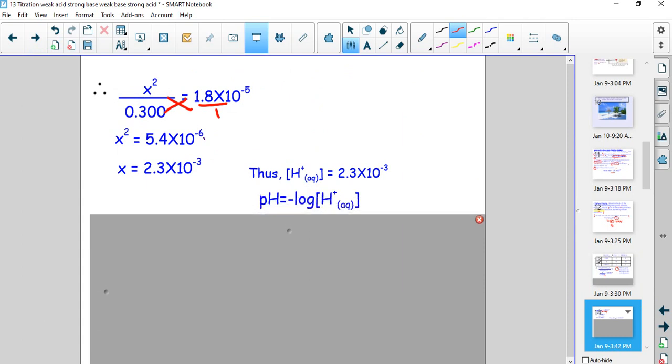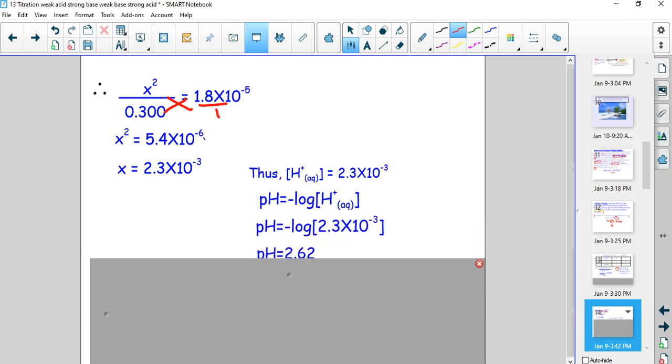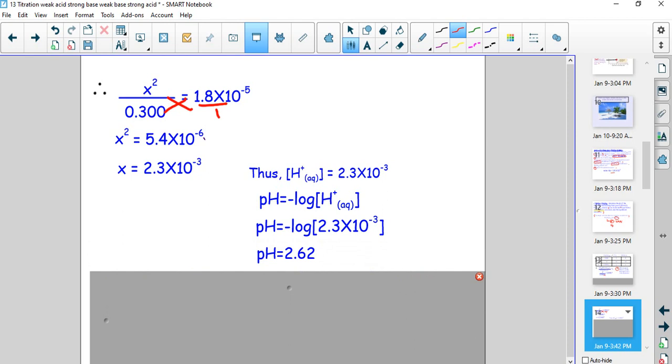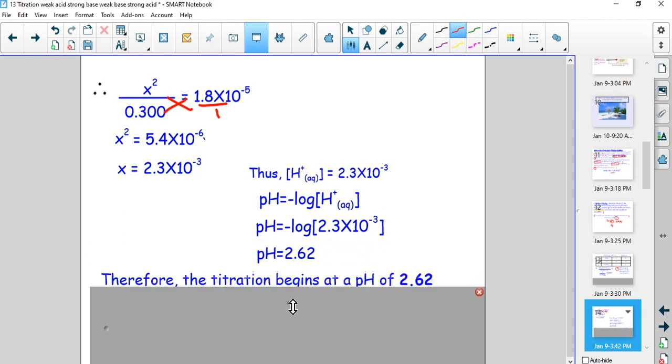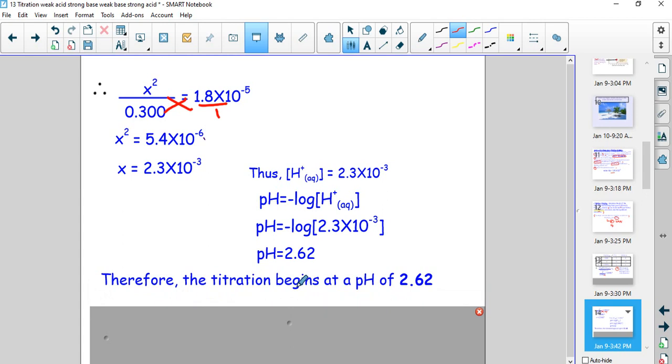Now that we know that value, we can plug it into our pH formula, the negative log of the concentration of hydronium. Plug that in, and we get a pH value of 2.62. So at this first point of your titration, remembering what the titration curve looks like, a sudden increase, a gradual buffering region, then steeper, and then plateauing, we have solved for this initial point.